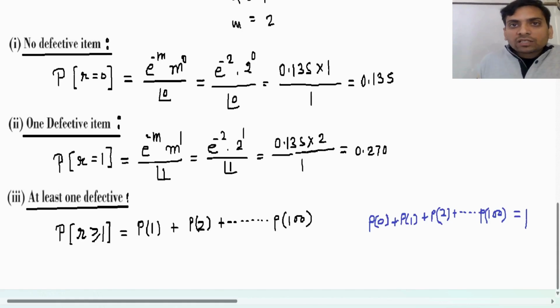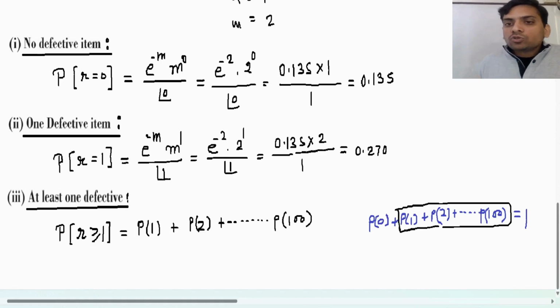And you need the part from 1 to 100. So you can write this part as 1 minus P0. We will shift this P0 to this side, so this becomes 1 minus P0.